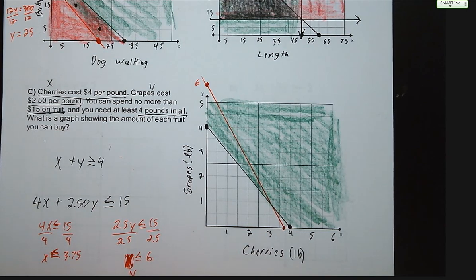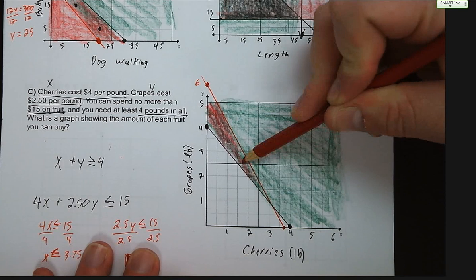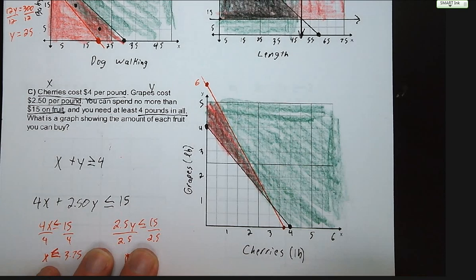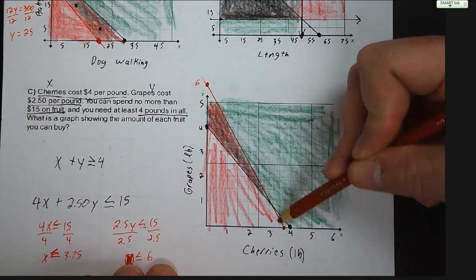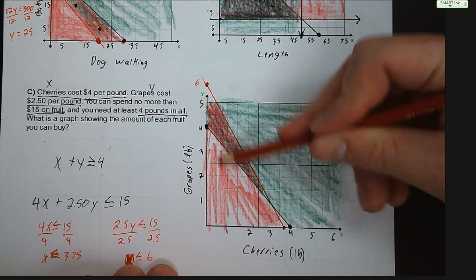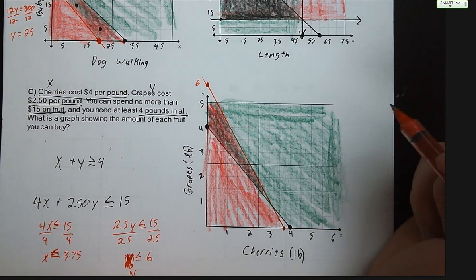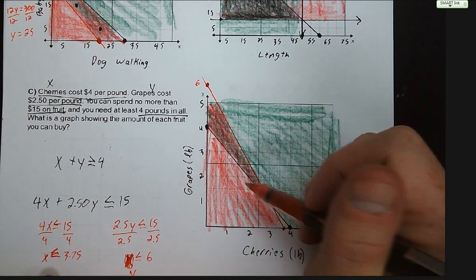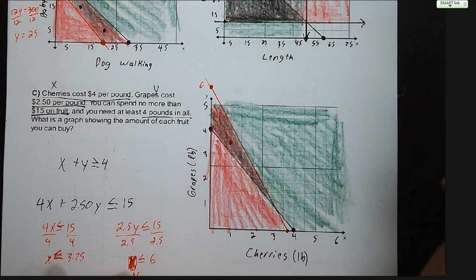And now we just need to shade that region in. Okay. And the overlapping section is the section that we would be able to buy. So we would be keeping our cost where they needed to be, and we would keep our number of pounds that we would get where they also need to be. All right. So there we go. And that is our solutions.